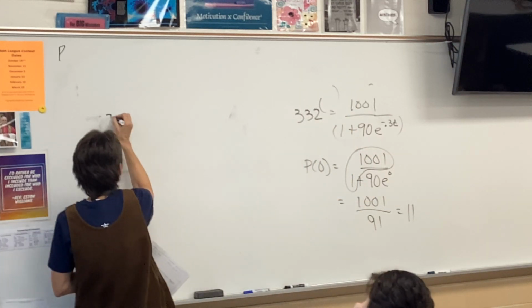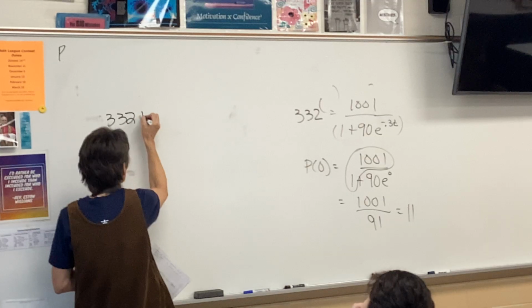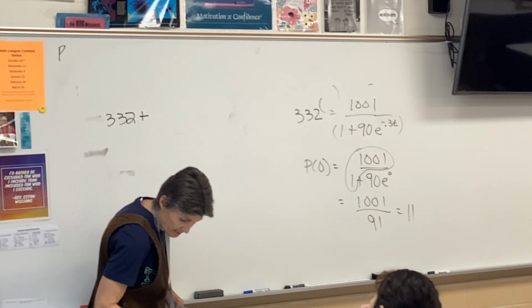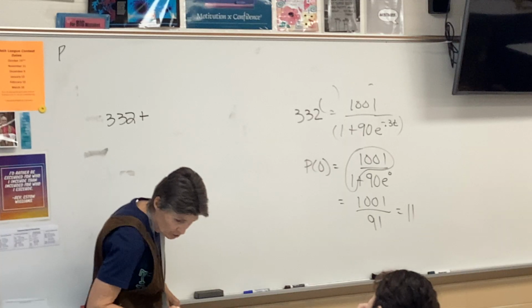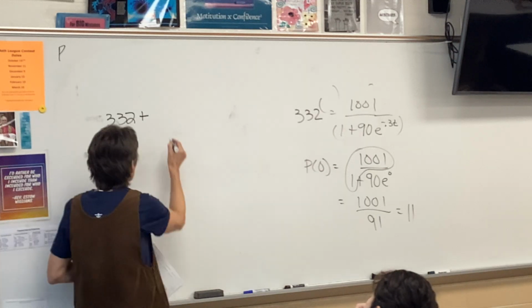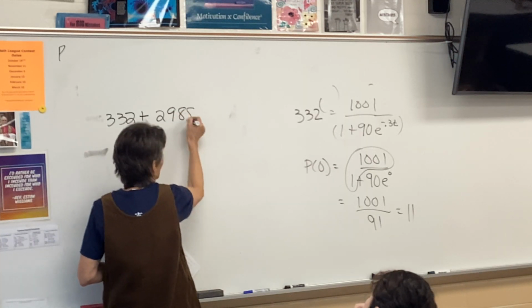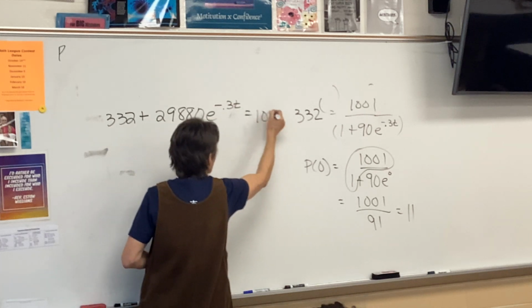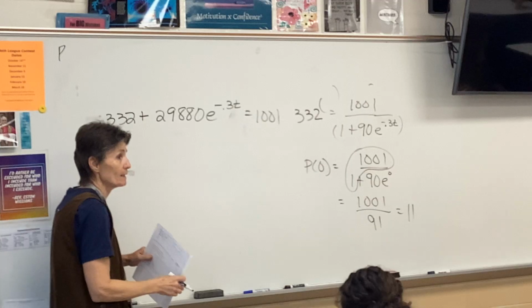So we're going to have 332 plus 90 times 332, 29,880, equal to 1,001. Is that okay with everybody?